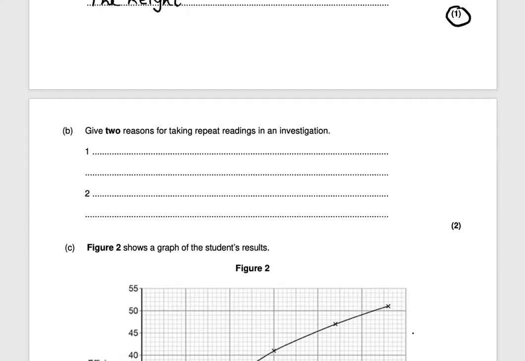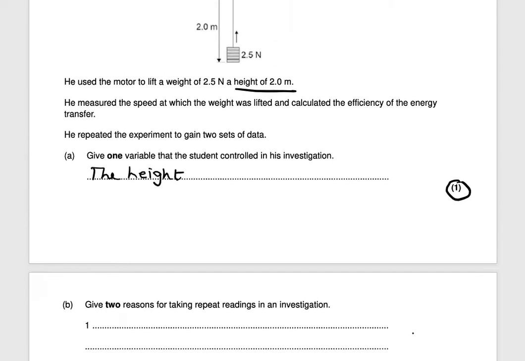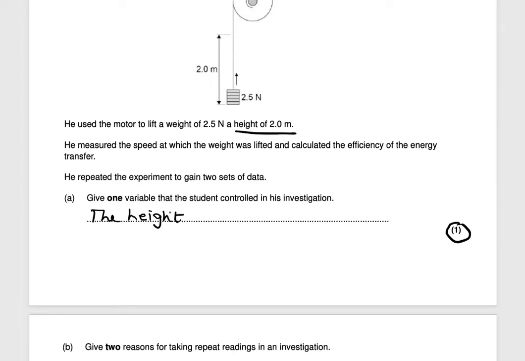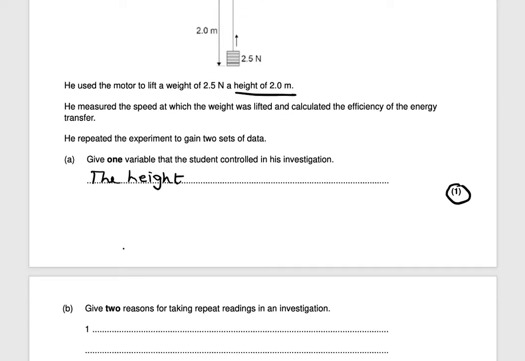Next question, give 2 reasons for taking repeat readings in an investigation. So as you can see, he repeated the experiment to gain 2 sets of data. Why do you repeat?